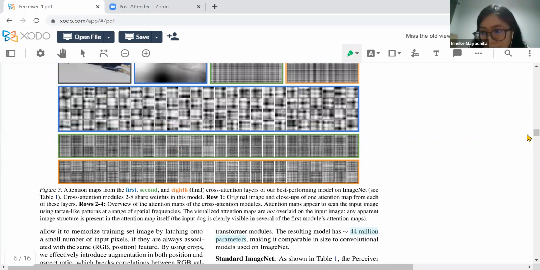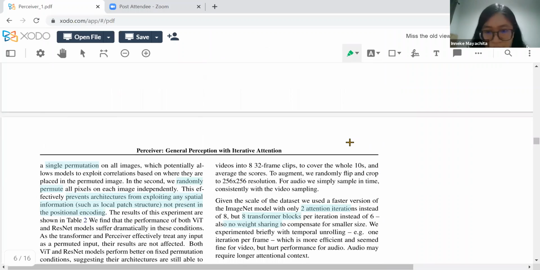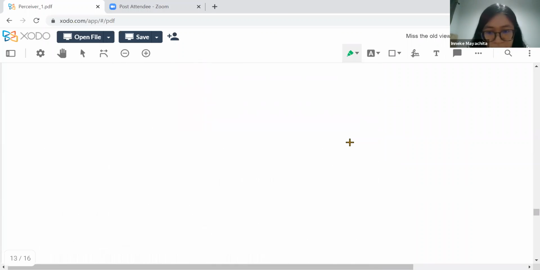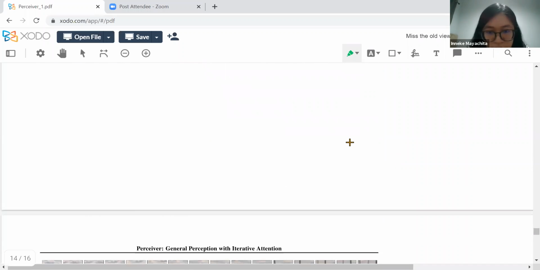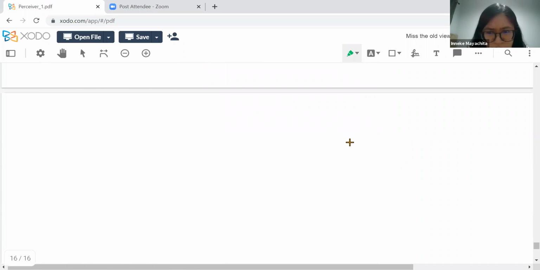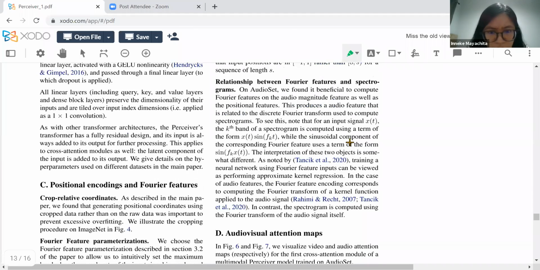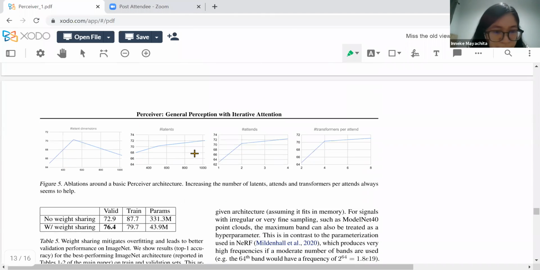Other than that, the last thing that I think is a bit interesting is the ablation studies, where they show the hyperparameters' impact: increasing the latent dimensions will cause the model to suffer, probably creating overfitting.